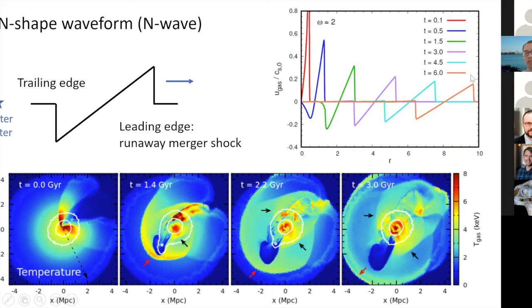So you can see this N-shaped wave. That's why it's called the N wave. And in our cluster merger simulations, the runaway merger shock, say the leading edge of the N wave, is marked by the red arrows, and the trailing edges are indicated by the black arrows.